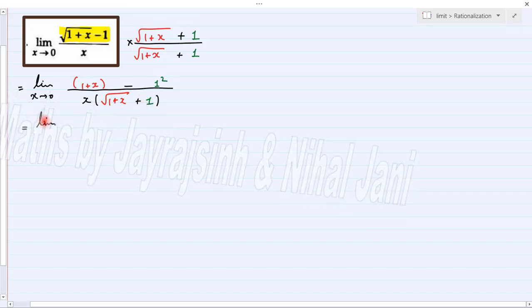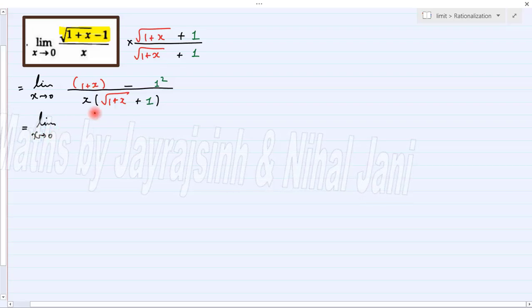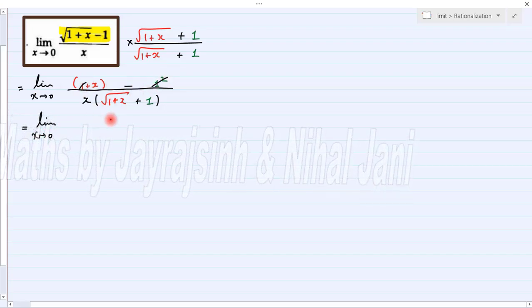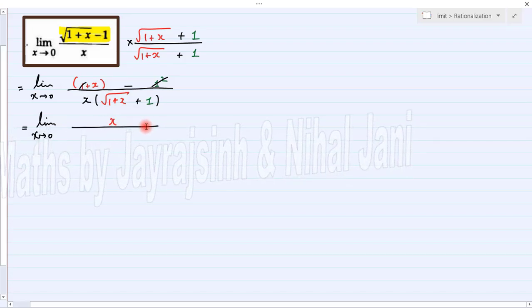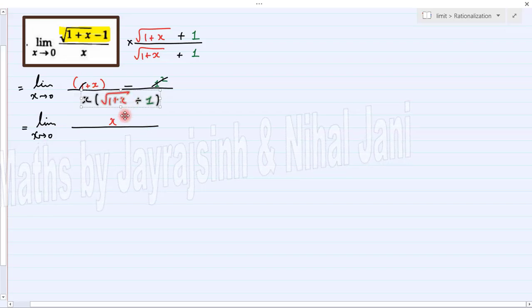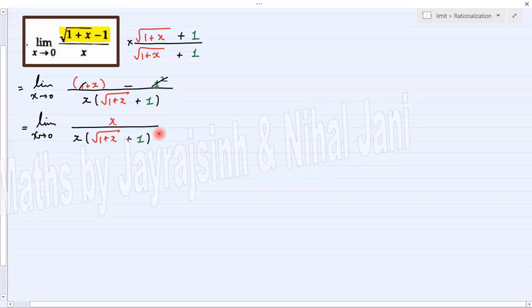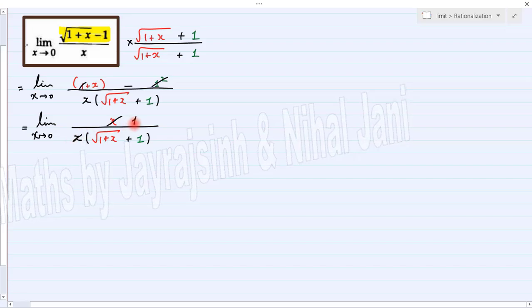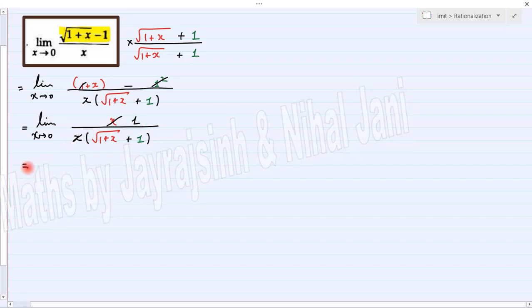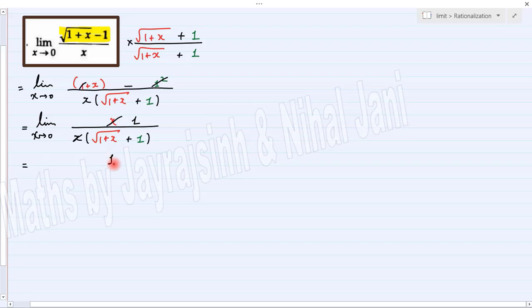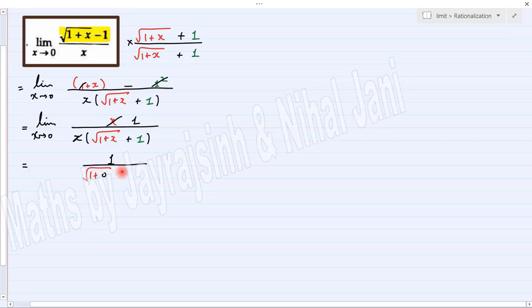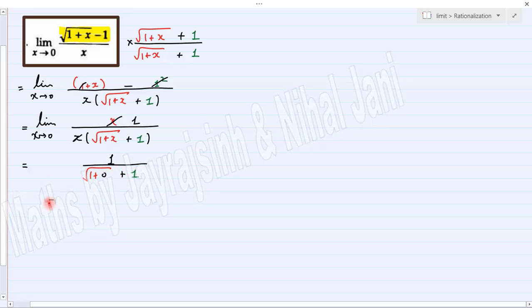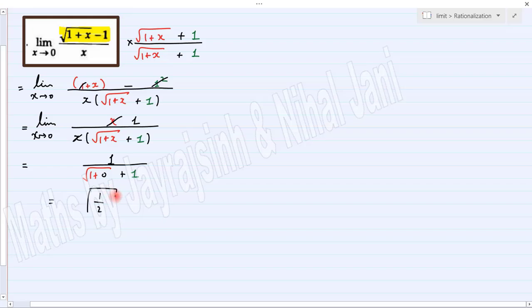Now limit x tends to 0. This 1 will cancel out and we will get x upon your whole denominator as it is. So here your x will cancel out and we are ready to substitute our limit. So we'll get 1 upon under root of 1 plus 0 plus 1, which will give us 1 by 2 as your final answer.